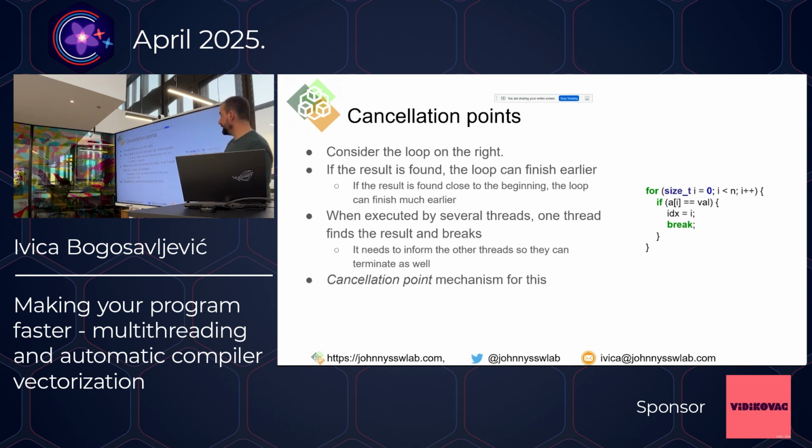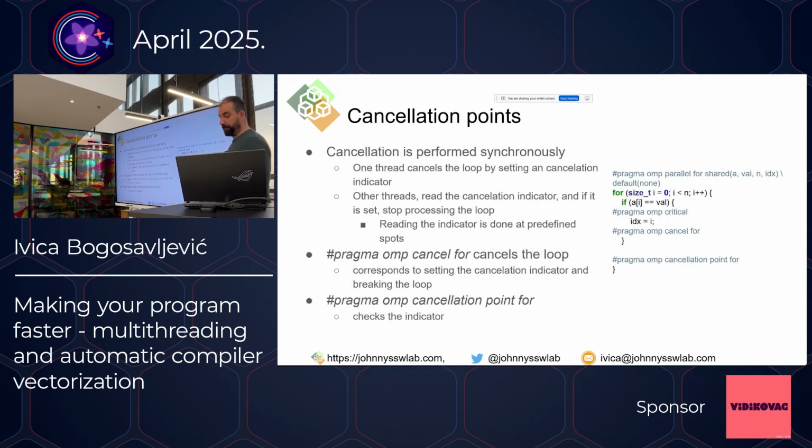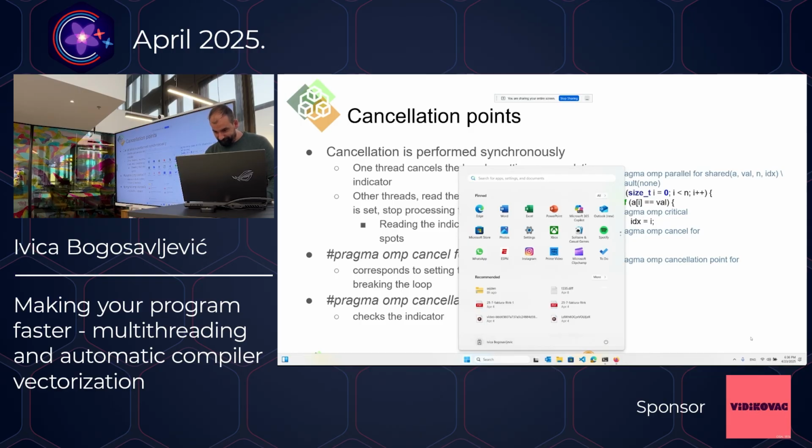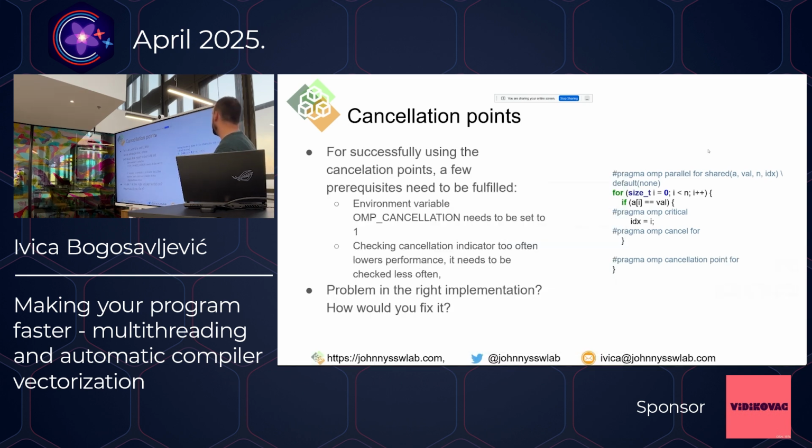And this is what cancellation points are used for. So how does it look? I have a parallel region, and then I have this check. This is critical, so it will set the index.